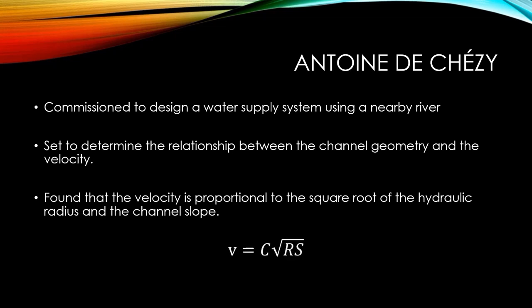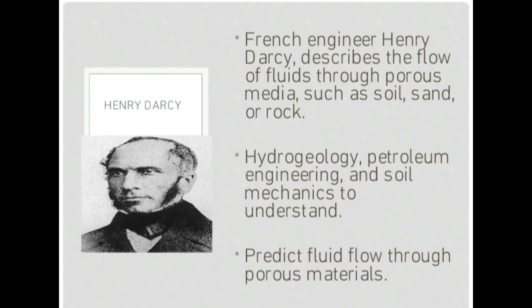His formulation gave us what we now call the Chezy equation. In this equation, the term C is a factor of proportionality that changes from channel to channel. The S value is the longitudinal slope, which we will discuss later in this section, and the R value is the hydraulic radius, which we already know is the ratio of the flow area to its wetted perimeter.